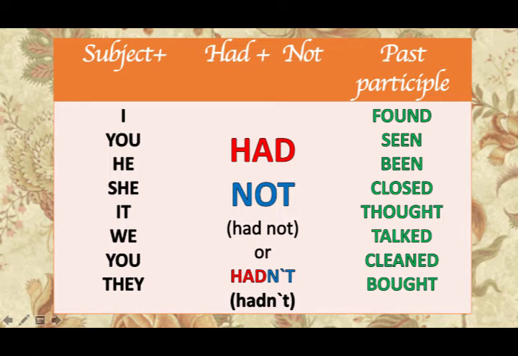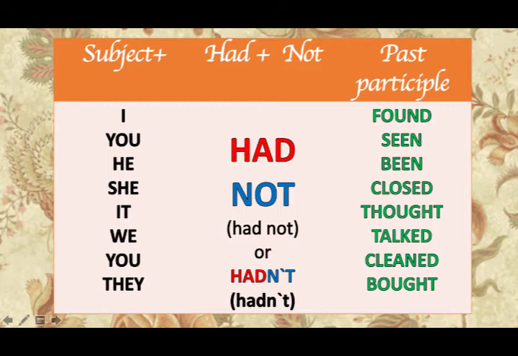The negative form. In the negative form, the subject goes first, plus the auxiliary had, plus the negative not, plus the past participle. For example, I had not found, you had not seen, he had not been, she had not closed, it had not thought, we had not talked, you had not cleaned, and they had not bought.